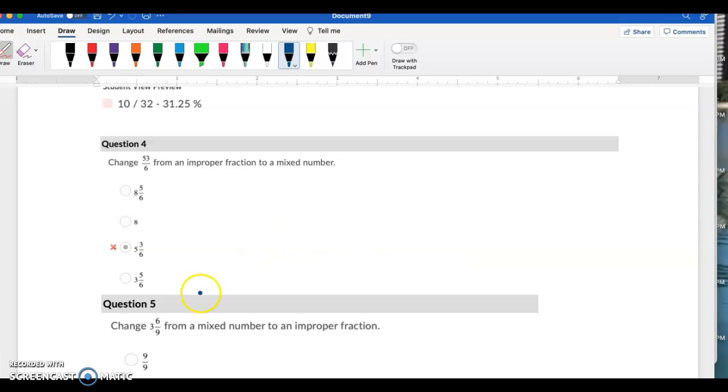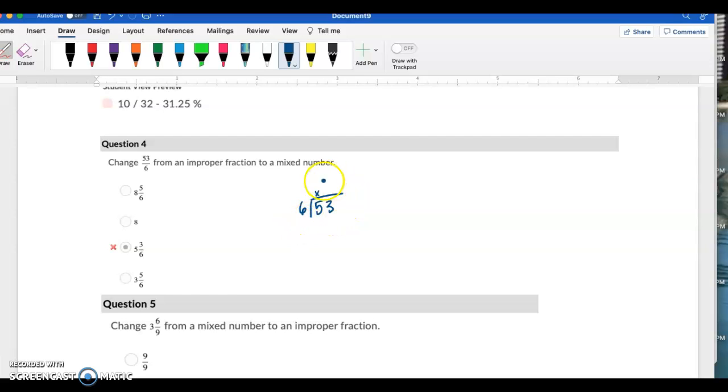Okay, so let's talk a little bit about changing from an improper fraction to a mixed number. I can see what you did here is you just took the 5 out front, like 53 over 6, and that's obviously not how this works. So we have to do 53 divided by 6, and we have to do some long division here. 6 can't fit into 5, so 6 into 53.